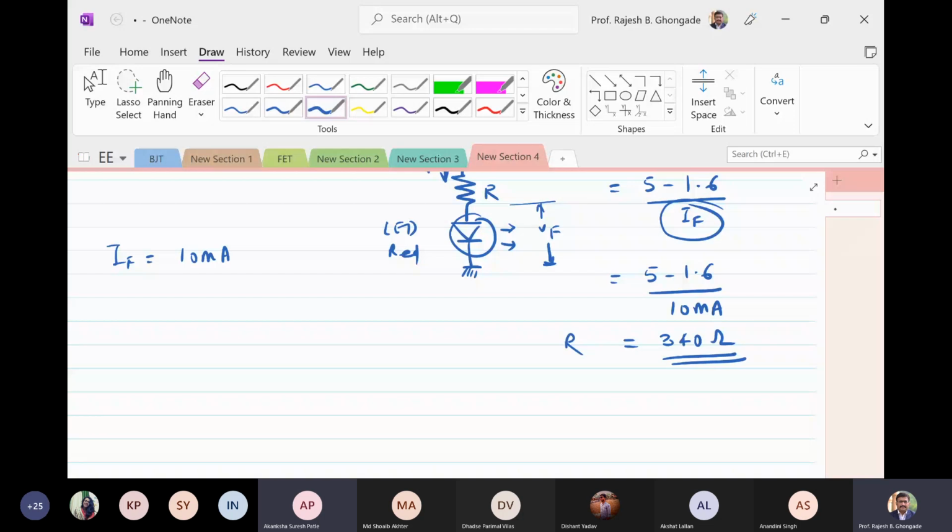Now there are different types of LEDs which emit different colors.